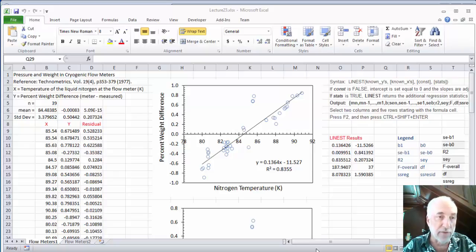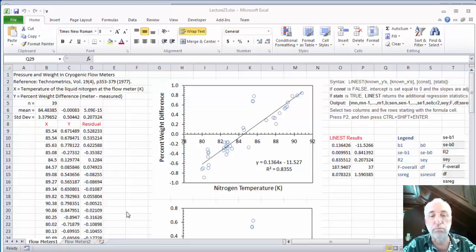Begin by doing a linest. Here I've got the set of data, which is a calibration of a flow meter. This particular experiment, and here's the reference up here, the paper the data was taken from. We have a flow meter that's measuring the amount of liquid nitrogen flowing through a system. We want to calibrate that flow meter and understand its systematic errors.